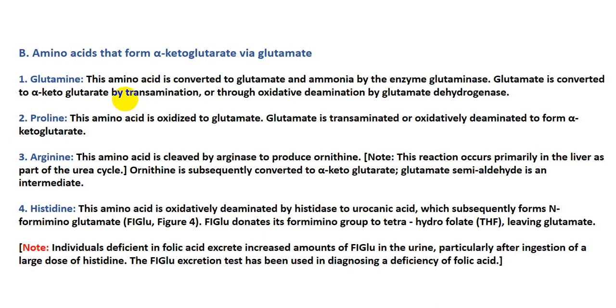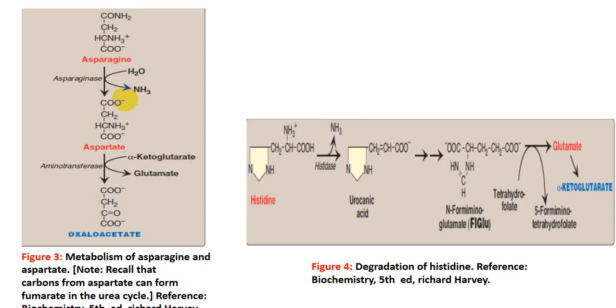4. Histidine. Histidine undergoes oxidative deamination in the presence of histidase enzyme, liberating ammonia and forming urocanic acid.